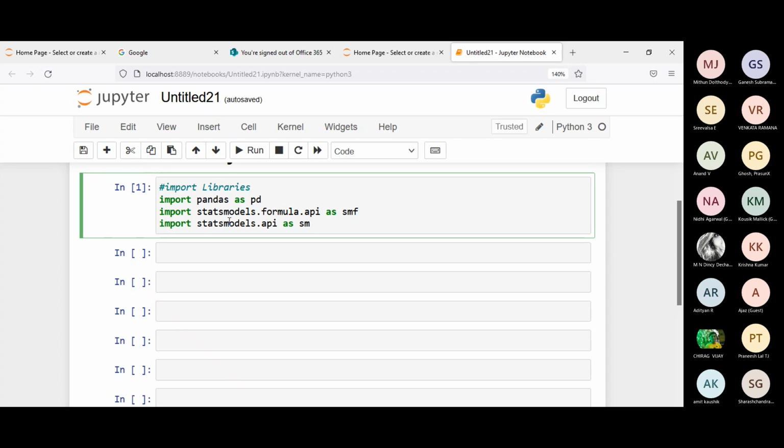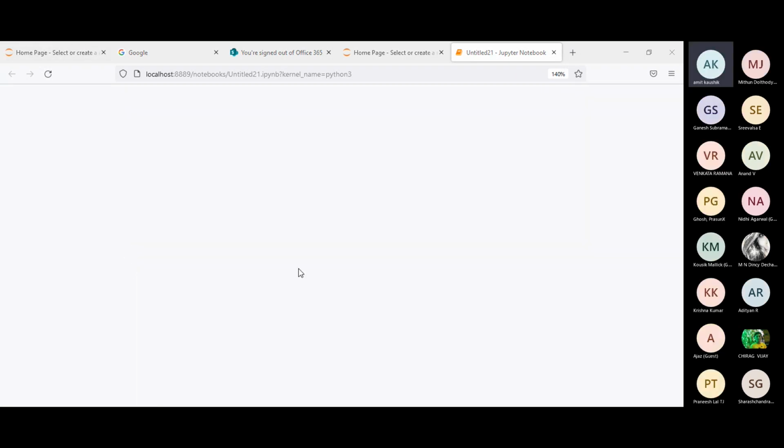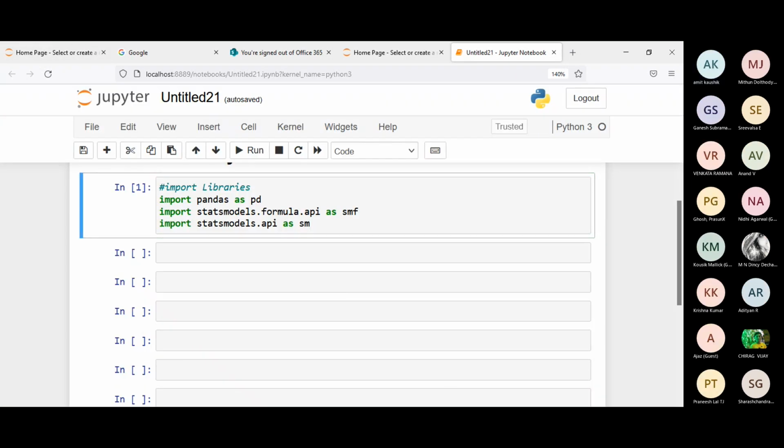Working? No. Sir, I'm seeing a screen at the import library still.